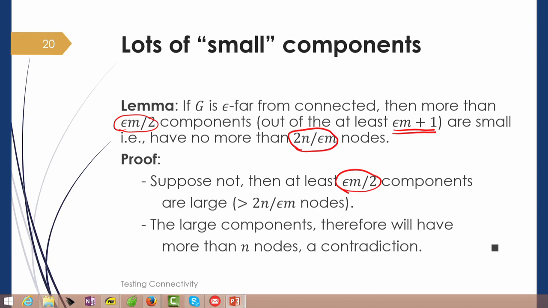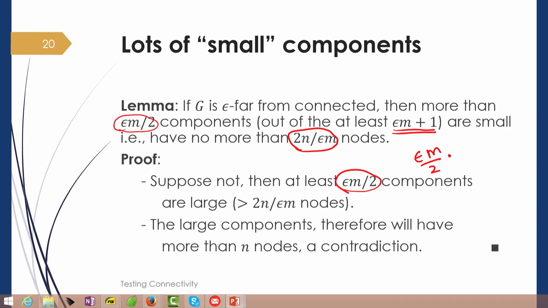So, how many nodes are there in these large components? Well, let's work it out. We have at least epsilon m by 2 components, and each one of those components has more than 2n over epsilon m vertices in them.